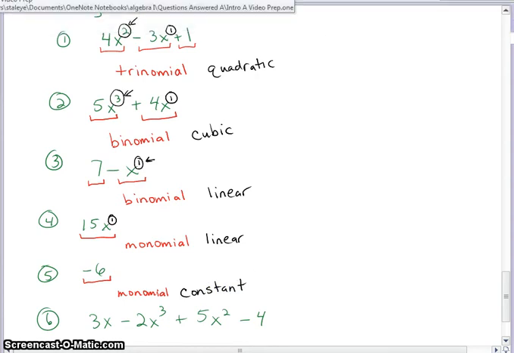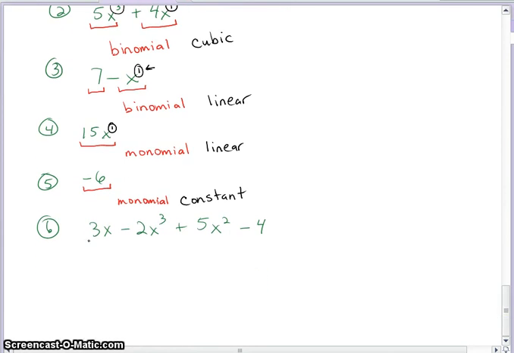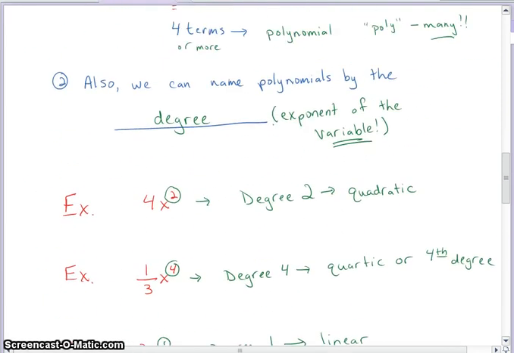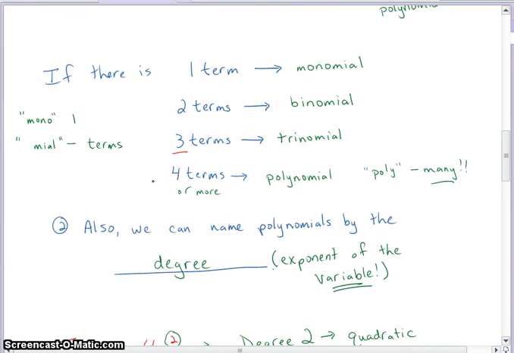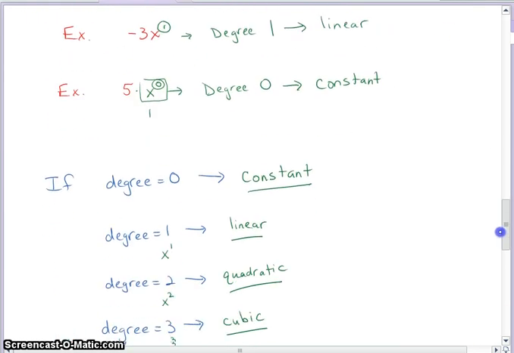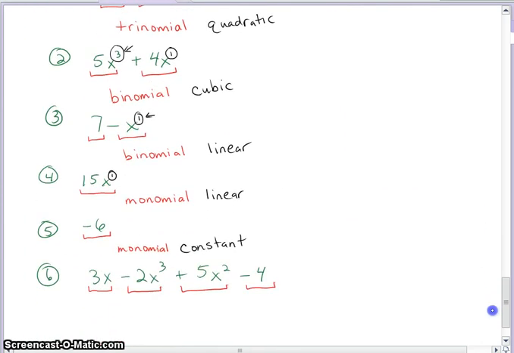Okay? Looking at the next one. I've got 1, 2, 3, 4 terms. So 4 terms, remember. 4 or more terms is just called a polynomial. So this is a polynomial.